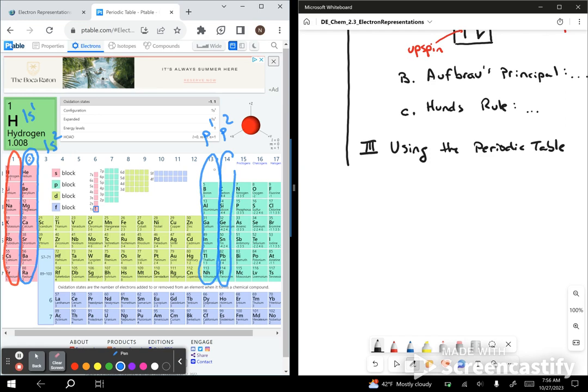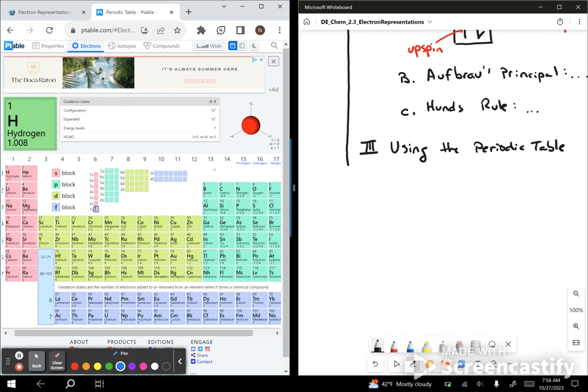There's probably something else that we need to do, so let's clear the screen. If you look at things horizontally, this group right here is your first row. Your second row is here. This is your second row all the way to the end. This is your third row, right?